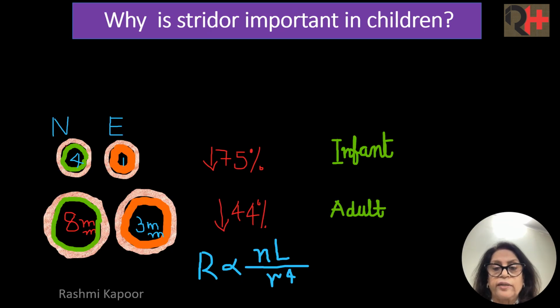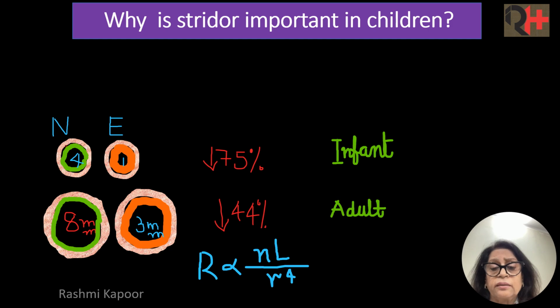Now, why is stridor important in children? Here in this cartoon, we can see that the upper one is the airway of an infant and the lower cartoon is that of an adult. We see that the airway diameter is around 4 mm in a newborn infant, and if there is edema, the diameter reduces to 1 mm.